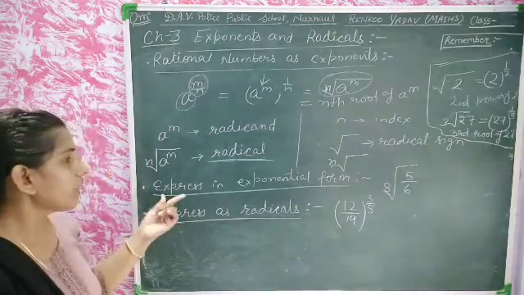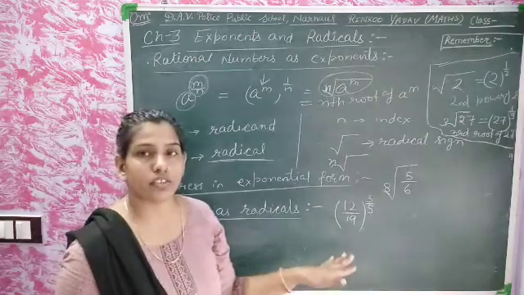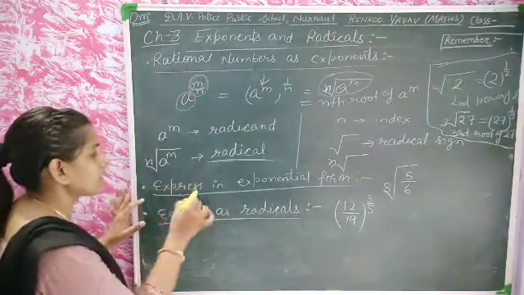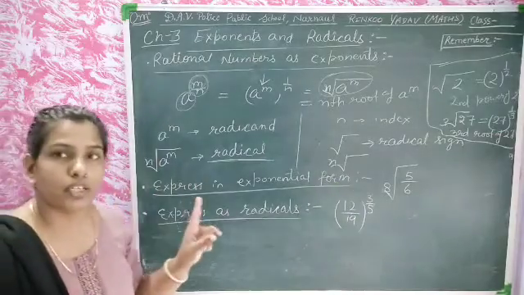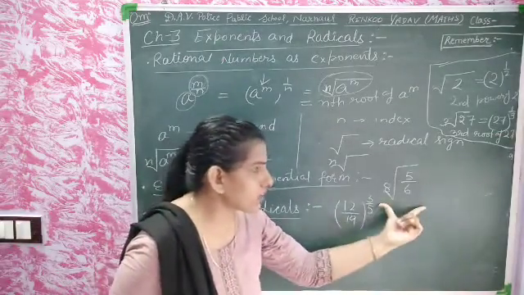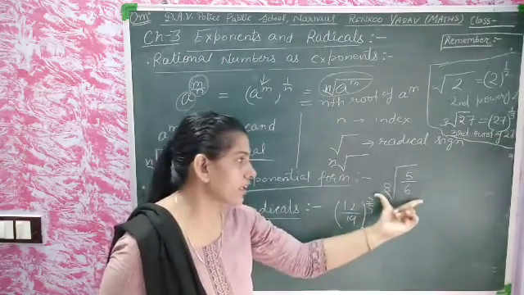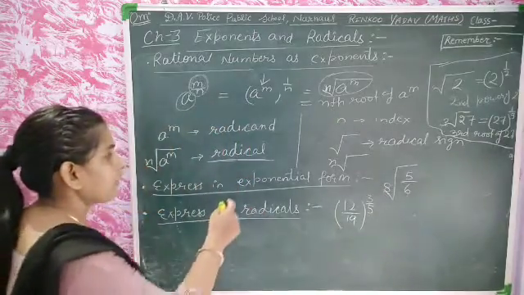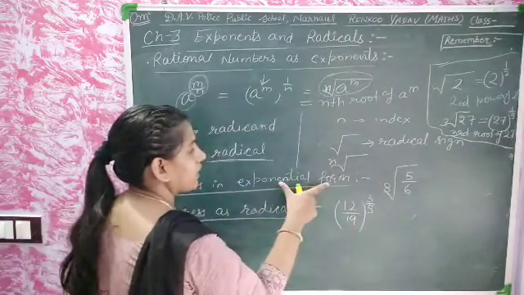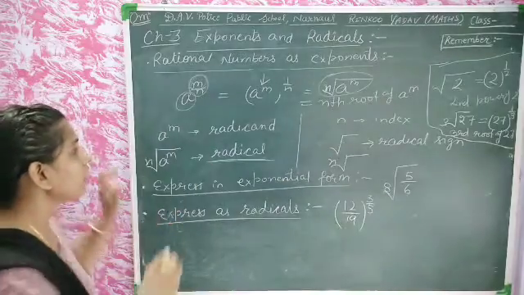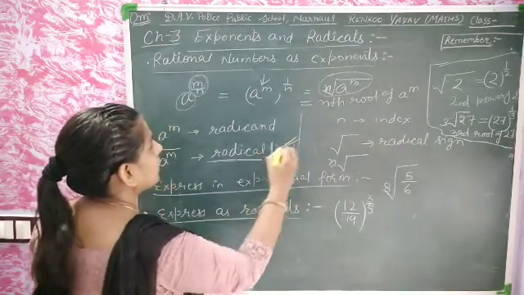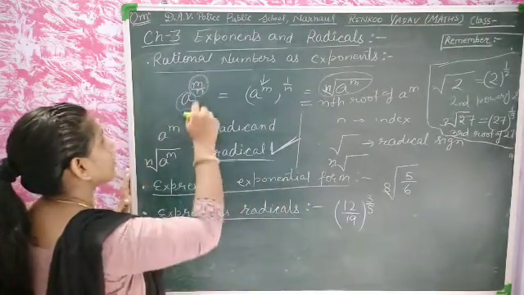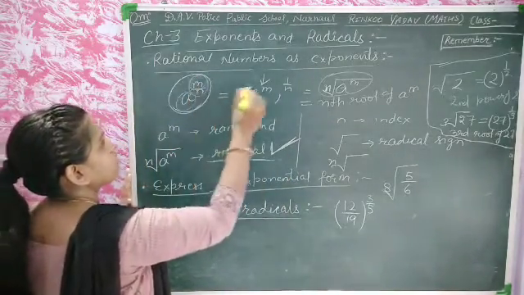Is this clear, students? Now we will do questions of this type. The first type is expressing in exponential form. We have to represent any number like this. This is the radical, and we have to represent this radical in the exponential form. Remember this: this is the radical, and if we solve it, this is the exponential form.